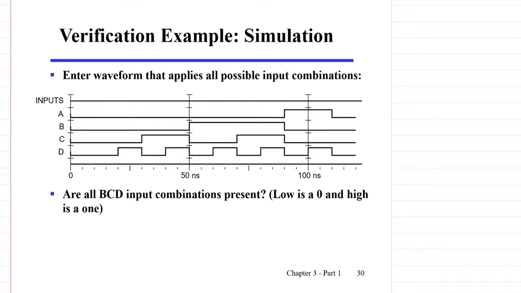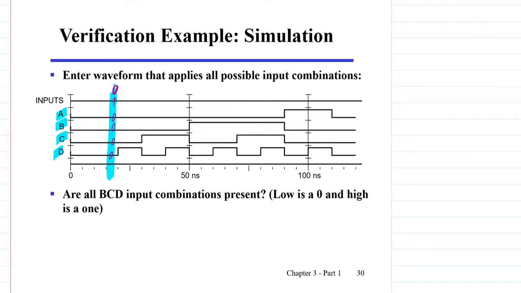Then for the input combination, we have A, B, C, and D as the inputs. For this, we need to have all possible care combinations of the inputs, and you can see that we have them here. Over here, A, B, C, and D are all equal to 0, which means that we have decimal 0.